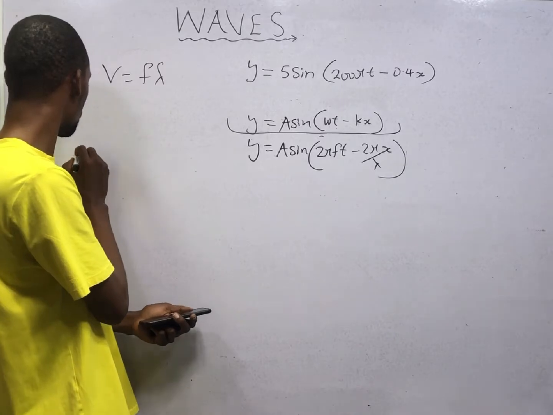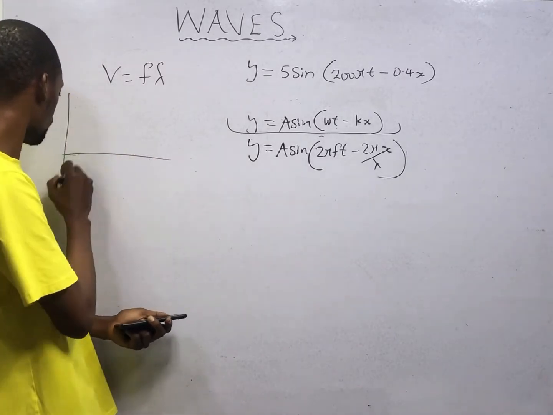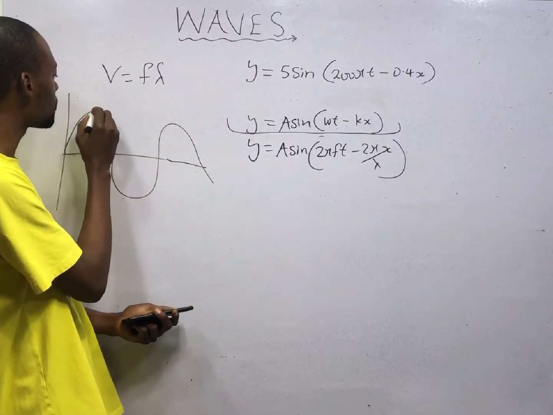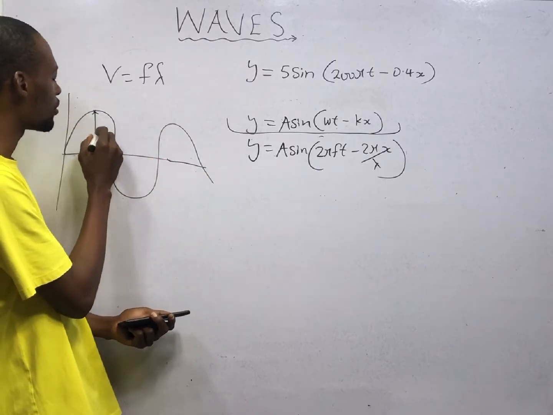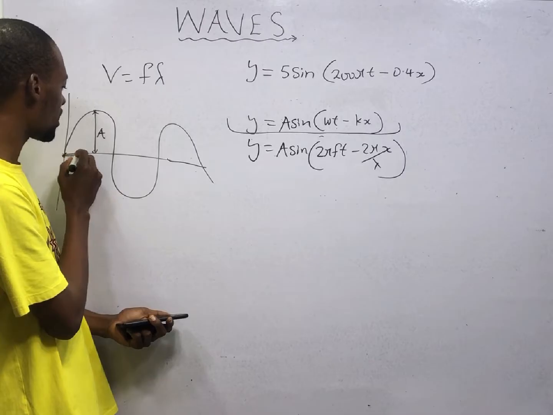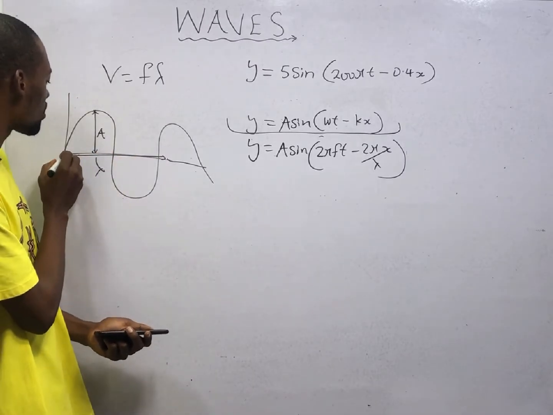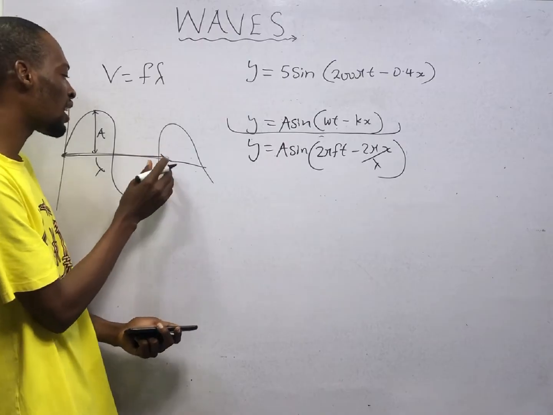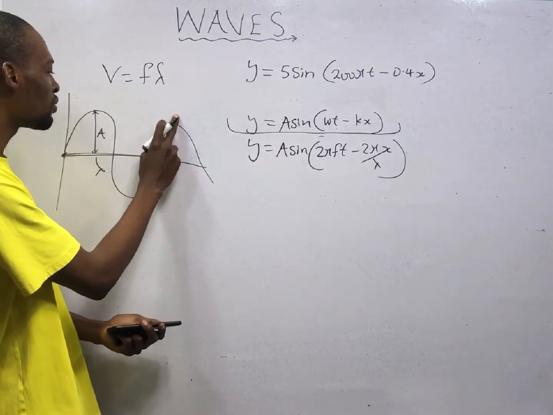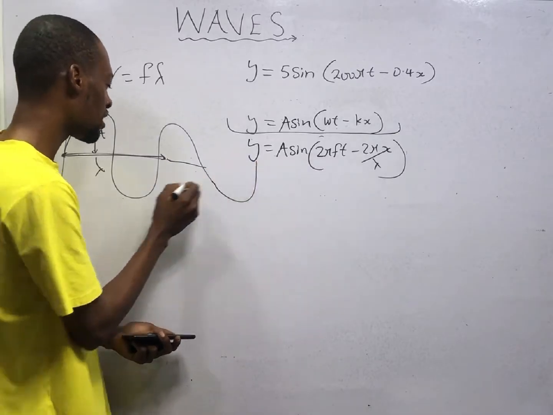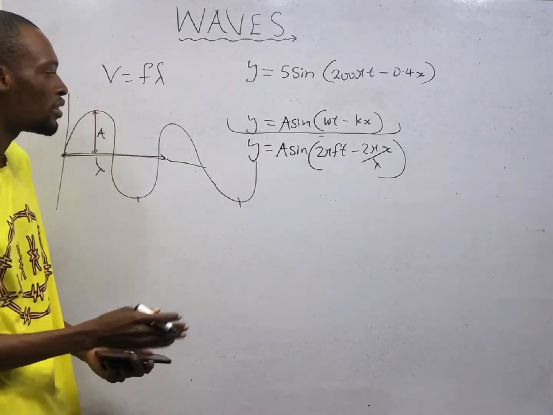So if you have this wave, this maximum displacement from rest is the amplitude. Then from here to here is the wavelength. It's the distance from one point to exactly that same point in another wave. So from here to here is one wavelength, and from here to here is one wavelength.